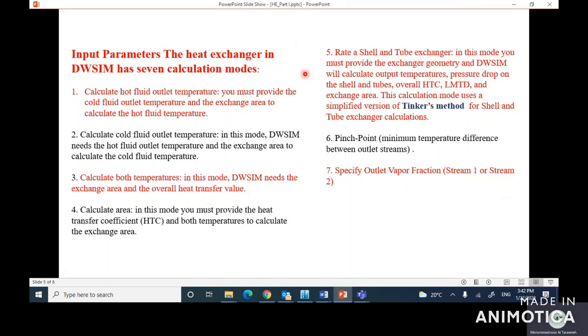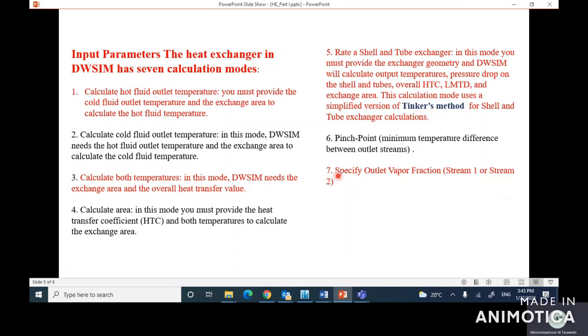We can also use DWSIM to do a complex case in which we only know the inlet temperature for both streams, and we provide DWSIM with the geometrical specification of the heat exchanger. It carries out a complex optimization procedure known as the Tinker method in order to calculate the amount of heat transfer, the overall heat transfer coefficient, and most importantly, the exit temperature.